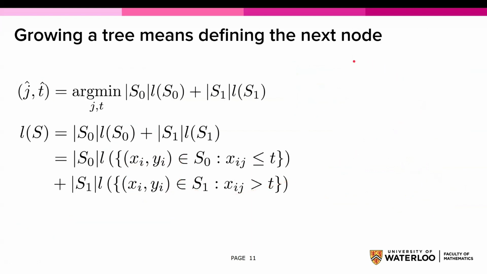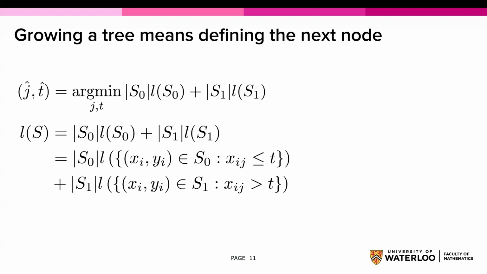Okay, so that's how we make predictions for new points, but we haven't actually yet talked about how we learn a tree. When we talk about building a decision tree, it's something that we grow step by step.